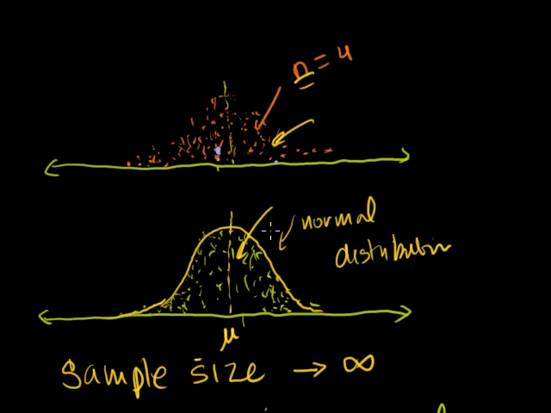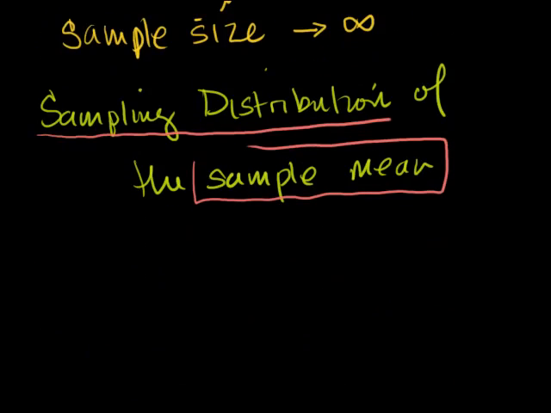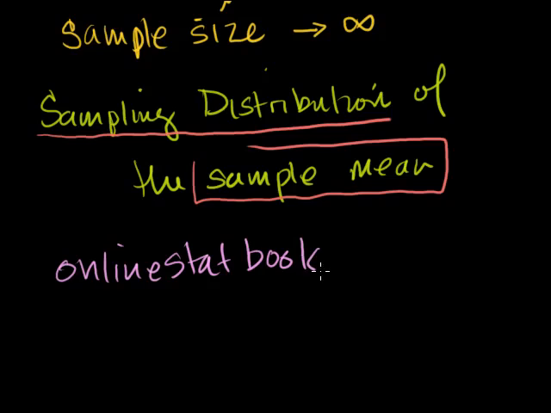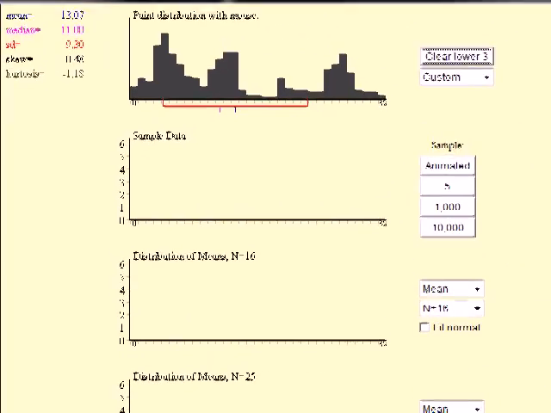So let's do that with this app right here. And just to give proper credit where credit is due, I think it was developed at Rice University. This is from Online Statbook.com. This is their app, which I think is a really neat app because it really helps you to visualize what a sampling distribution of the sample mean is.